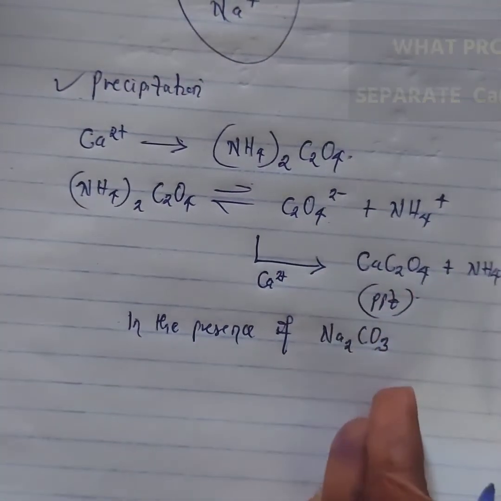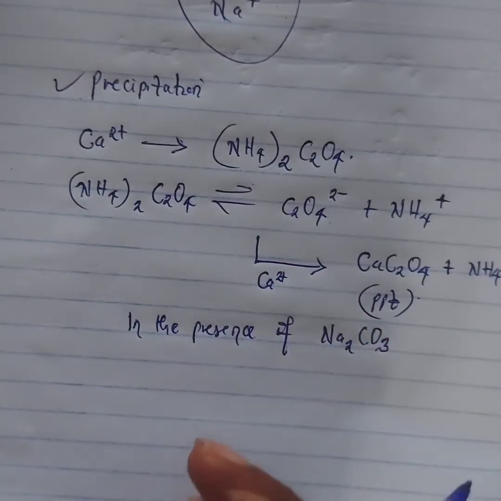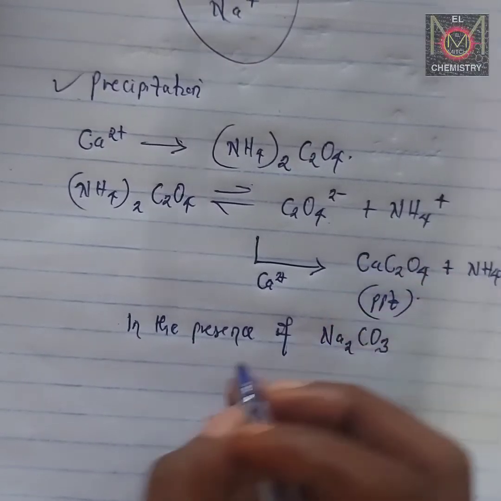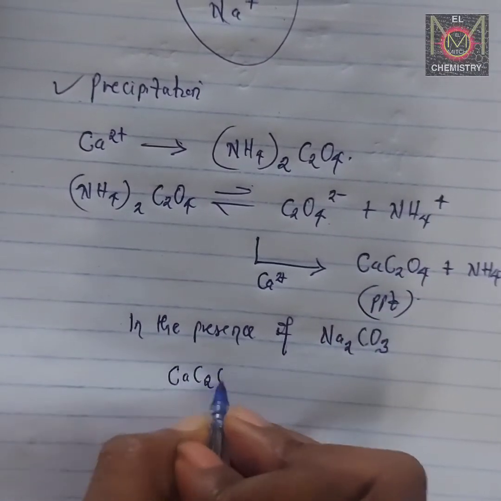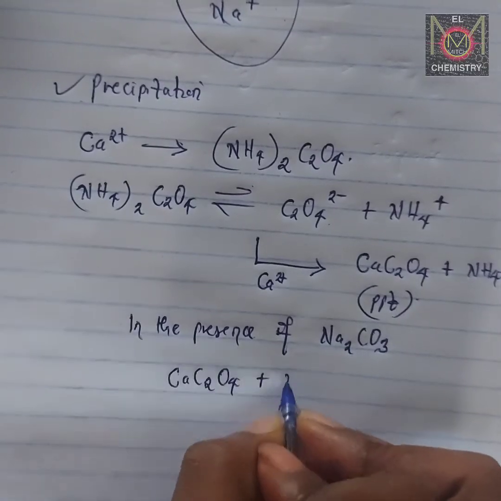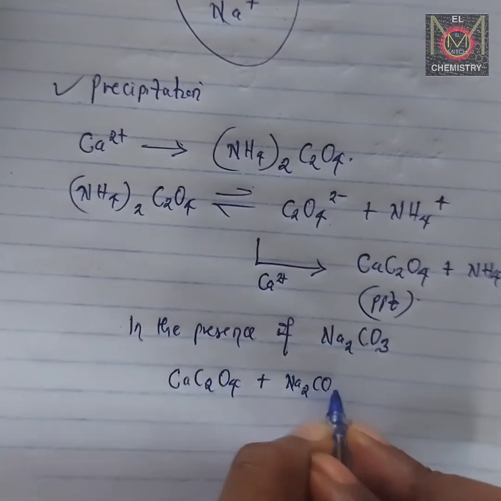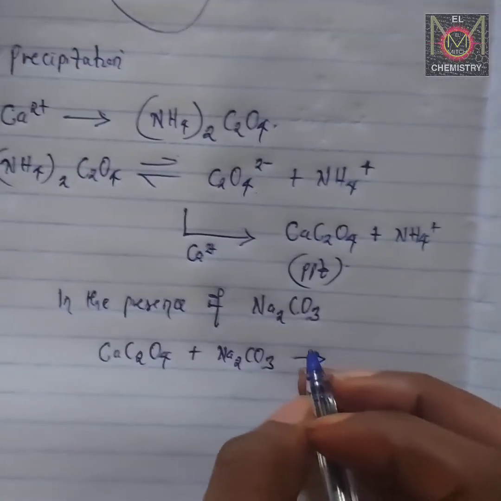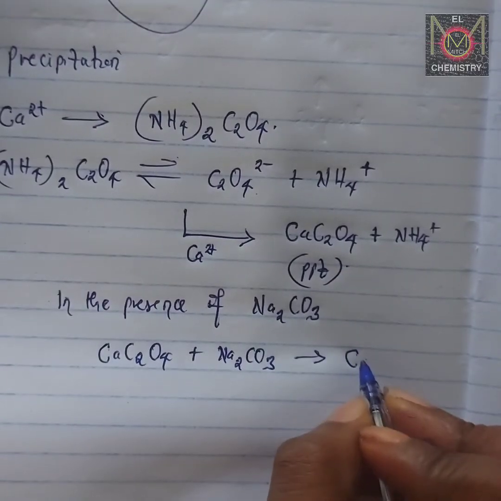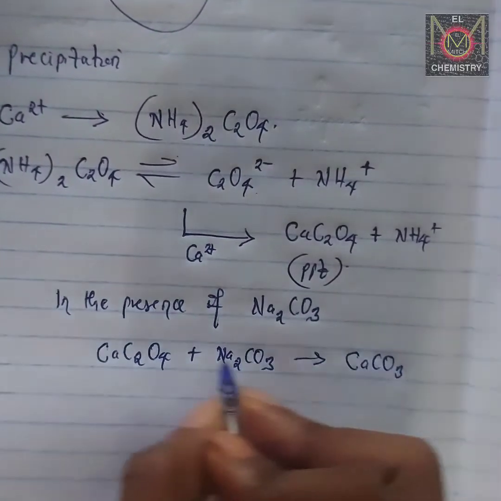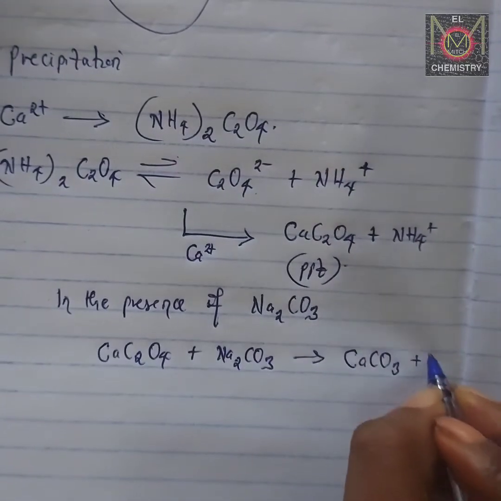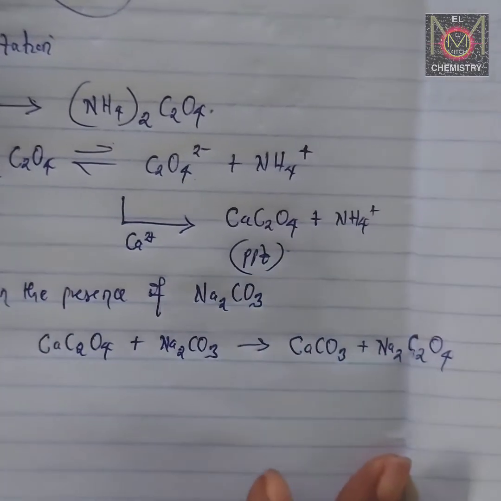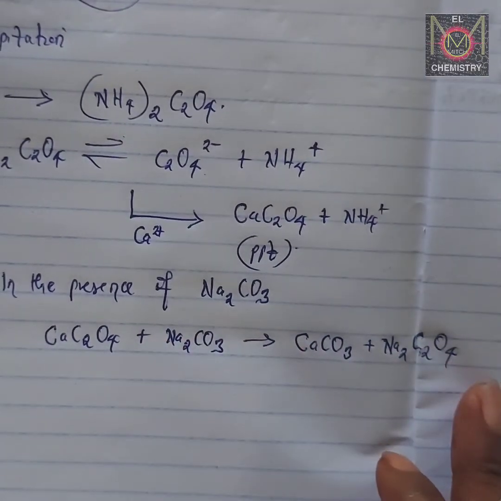So in the presence of soluble carbonate, which is in the solution, I'm taking that for an instance, this calcium oxalate can further react with the sodium carbonate, which contains the sodium ion in solution, to give you calcium carbonate, then sodium oxalate. You can see this is what you're going to have.